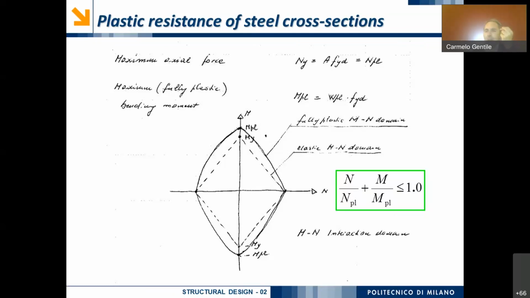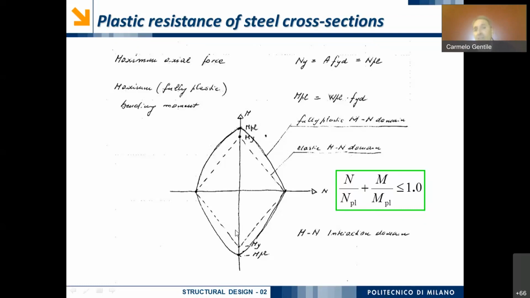is larger than 1, but it is not so larger than 1, as it happens, for example, in the rectangular cross-section. In the rectangular cross-section, MPL is 1.5 times MY, so this value is very large. But in any case, on the M-axis, the value of MPL is larger than the value on MY.